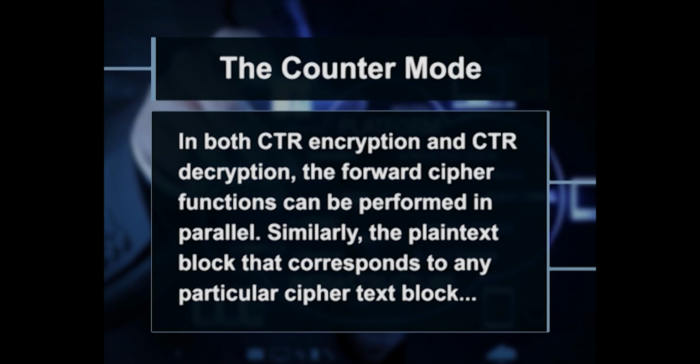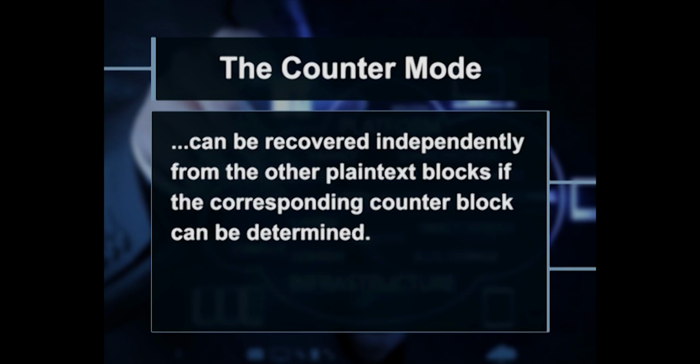Similarly, the plaintext block that corresponds to any particular ciphertext block can be recovered independently from the other plaintext blocks if the corresponding counter block can be determined. Moreover, the forward cipher functions can be applied to counters prior to the availability of plaintext or ciphertext data.